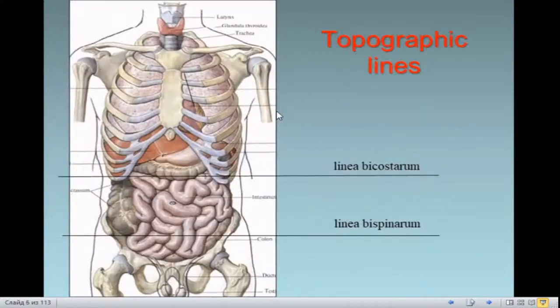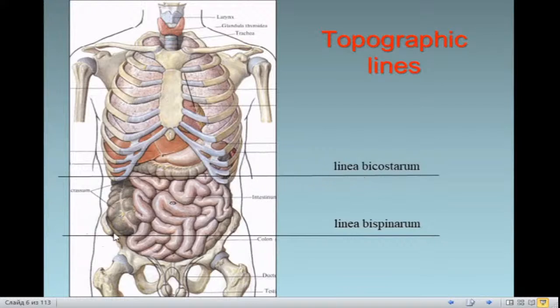Talking about topography, we should know what topographical lines are. To identify the exact position of the organs of the abdominal cavity, we use topographical lines. Here you can see the horizontal line which passes through the 10th ribs, called linea bicostarum, or bicostal line.